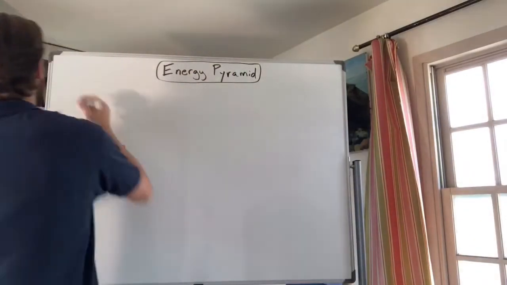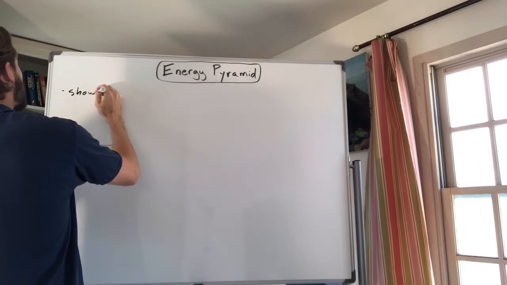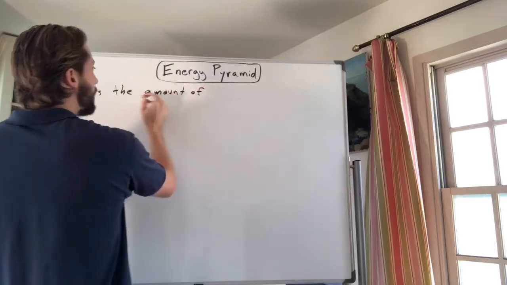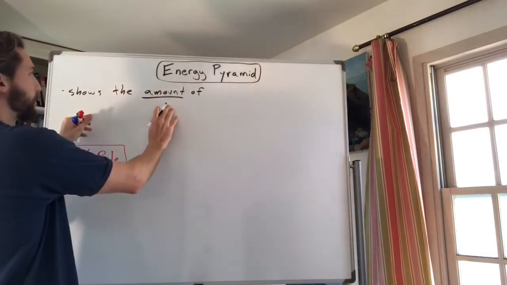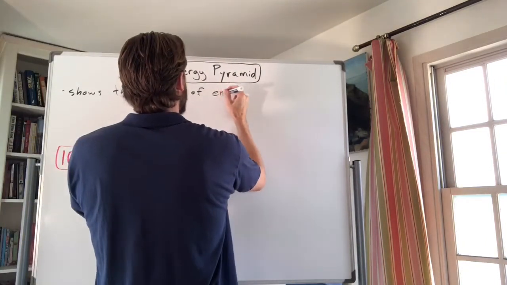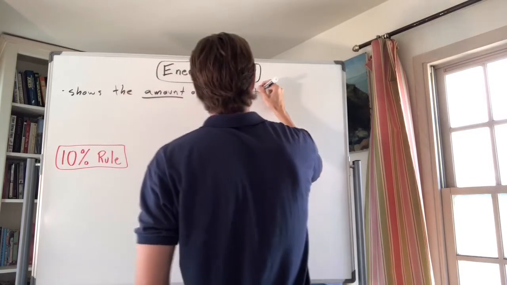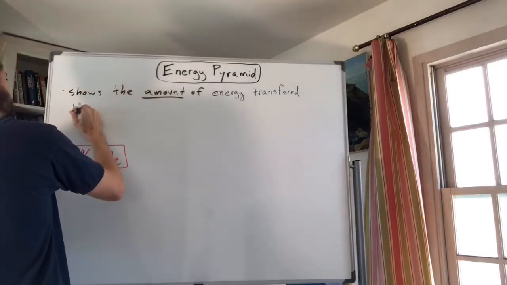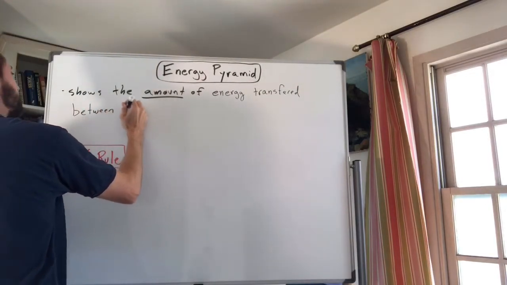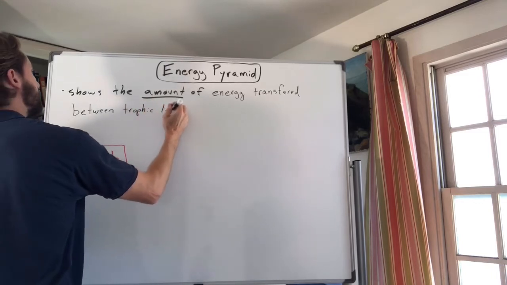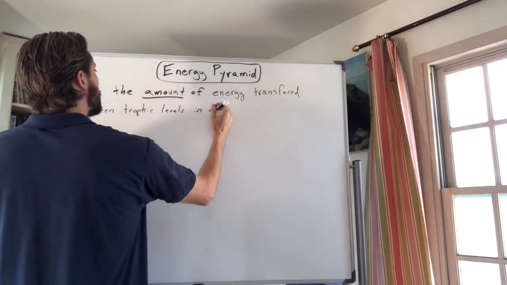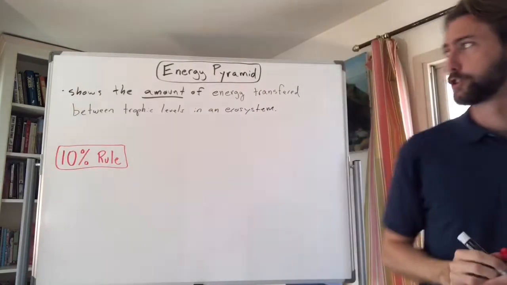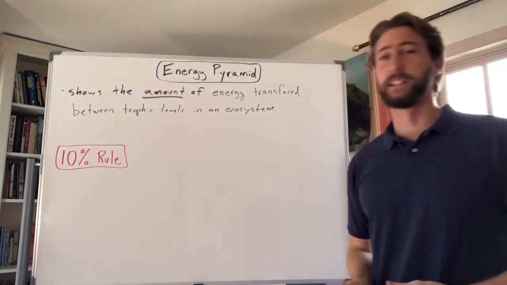An energy pyramid shows the amount, so amount, guys, not direction necessarily, but amount is more important in an energy pyramid, of energy transferred between trophic levels in an ecosystem.